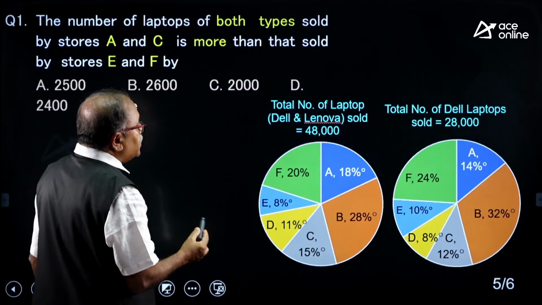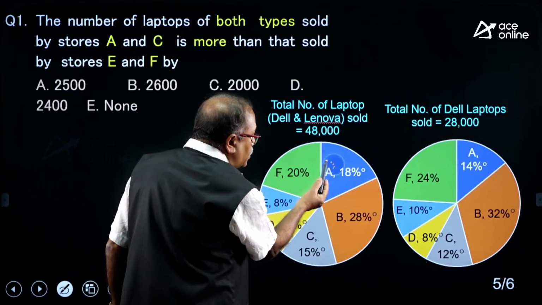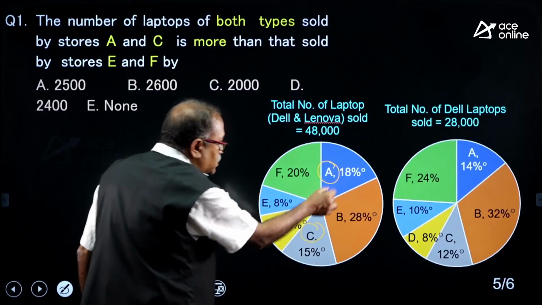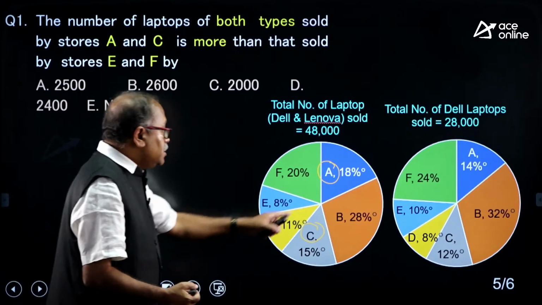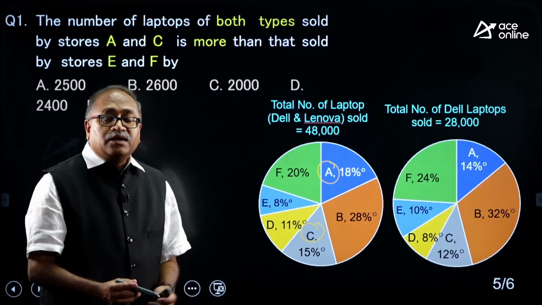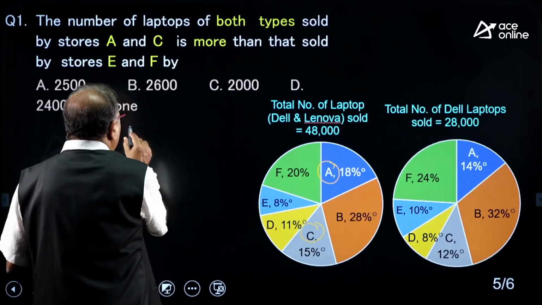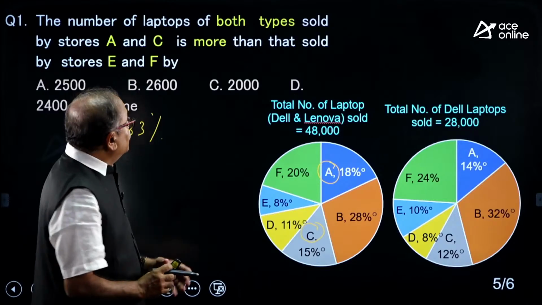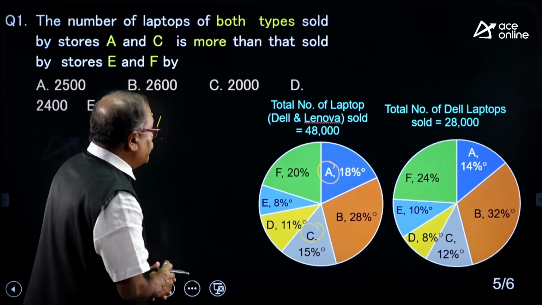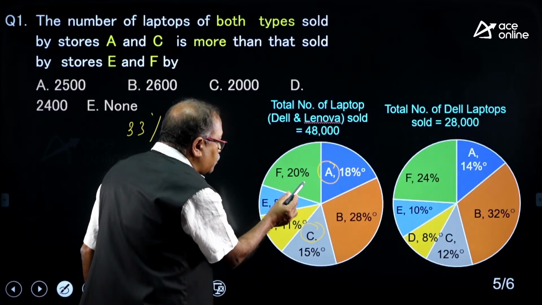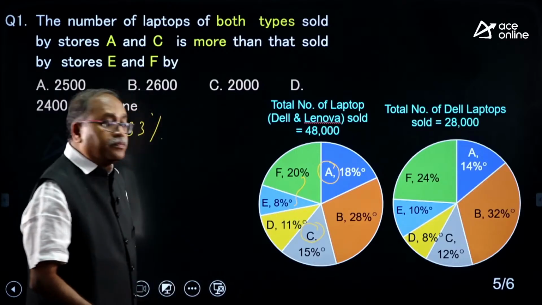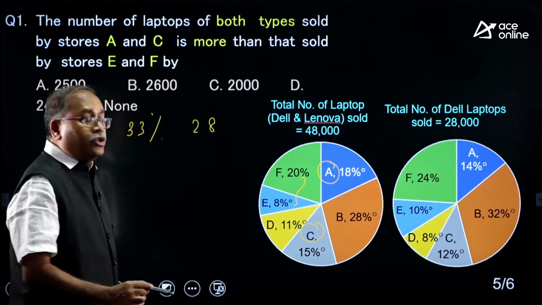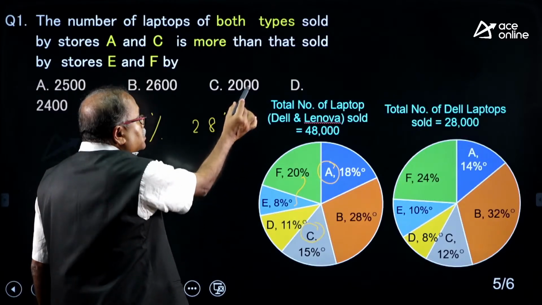This is the total of A and C. In terms of percentage, 18% plus 15%, that comes to 33%. So, this 33% is how much more than the total of E and F, and E and F, I notice, is 28%.